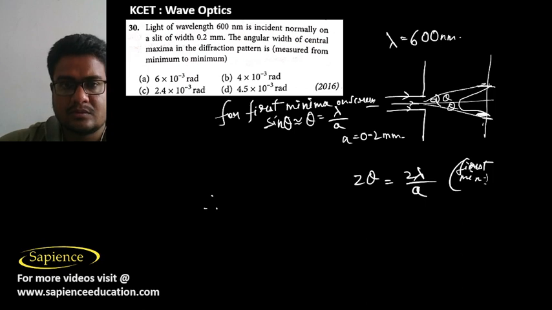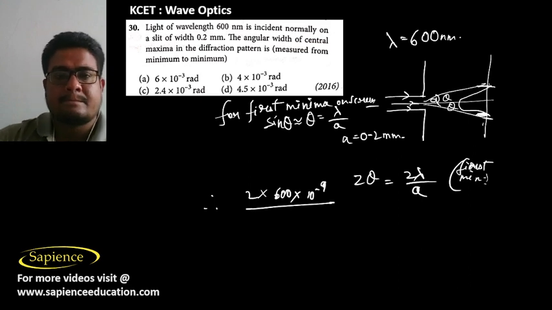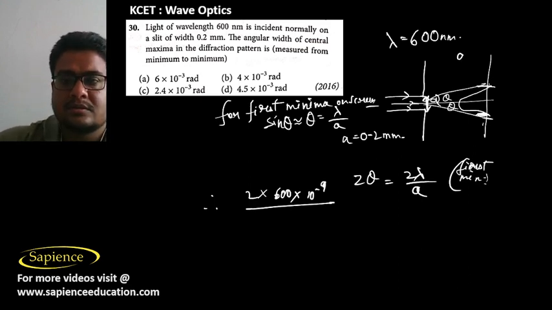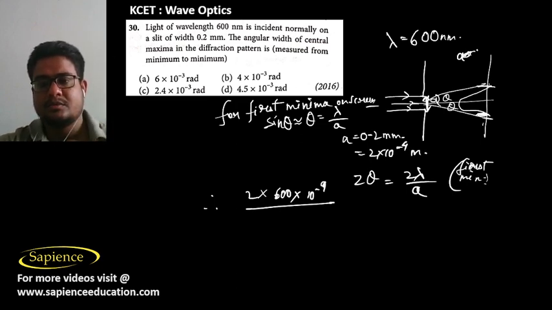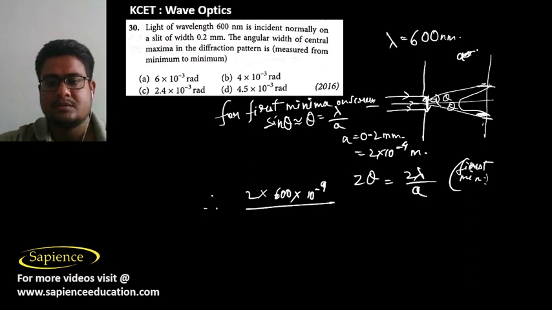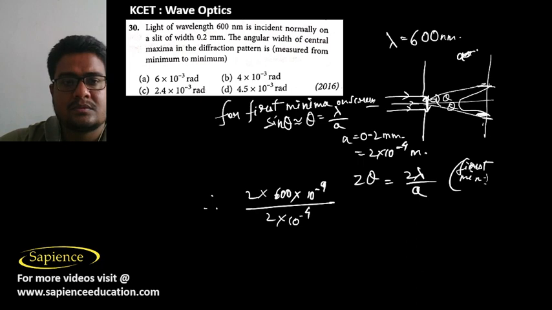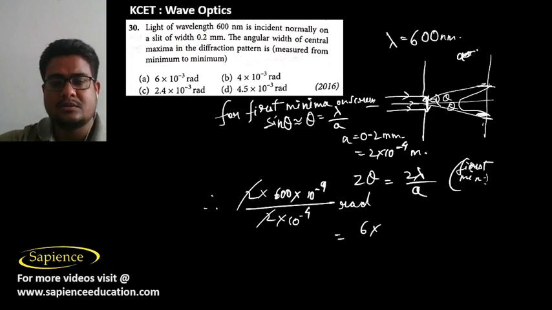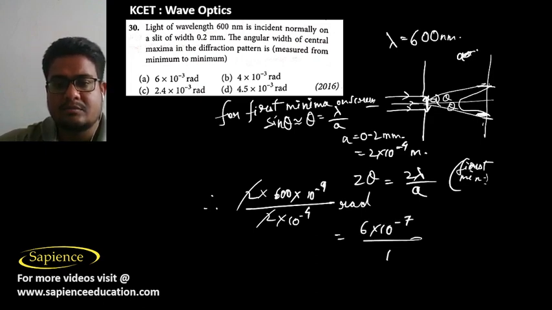So therefore the angular width will be 2 into lambda, which is 600 nanometer, which is 600 into 10 power minus 9 meter, divided by a, the width of the slit, that is 0.2 millimeter, which is 2 into 10 power minus 4 meter. 2 and 2 will cancel out, and 6 into 10 power minus 7 divided by 10 power minus 4 radian.